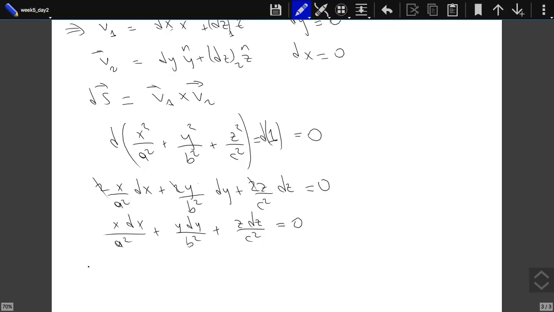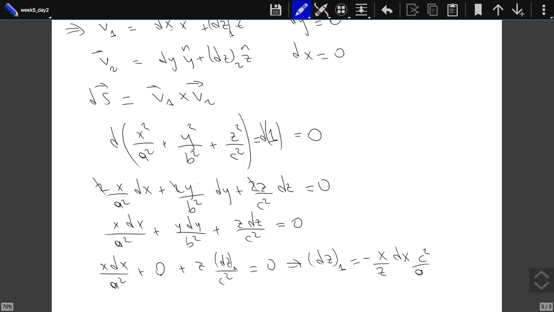So x dx over a squared plus 0 plus z dz1 over c squared is equal to 0. So that tells me that dz1 is actually minus x dx over z times c squared over a squared. This is dz1.